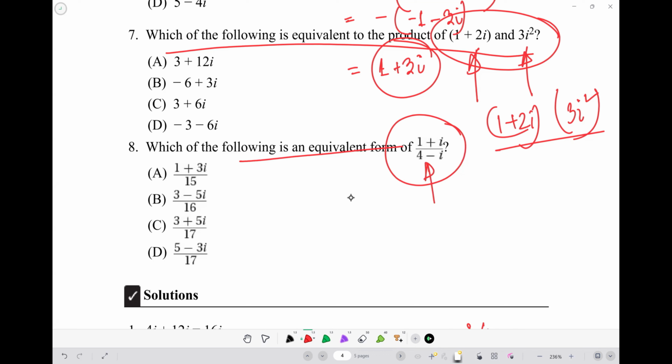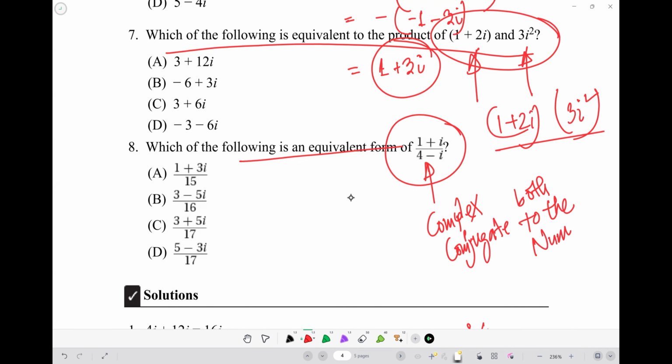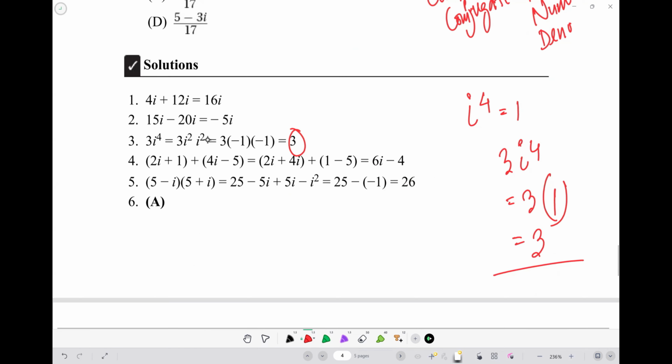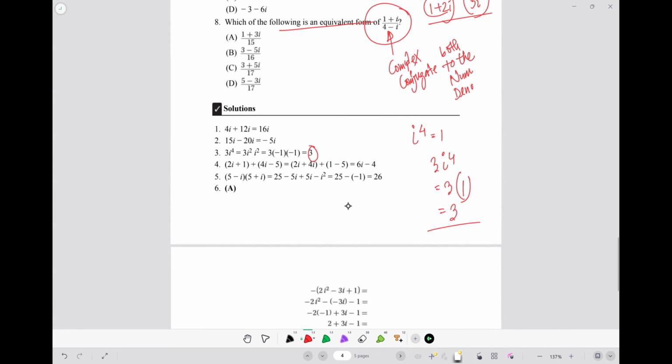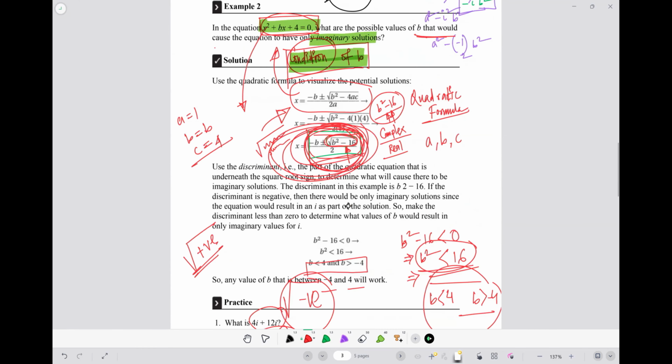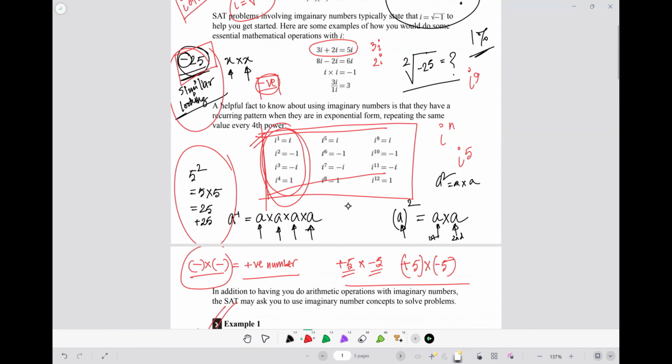Use the concept of the complex conjugate, taking the complex conjugate and multiplying both the numerator and the denominator. This is how we are doing the problems of complex numbers.